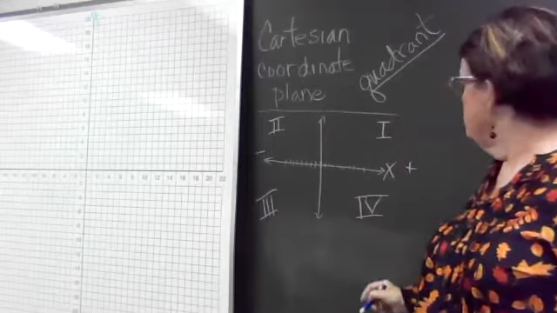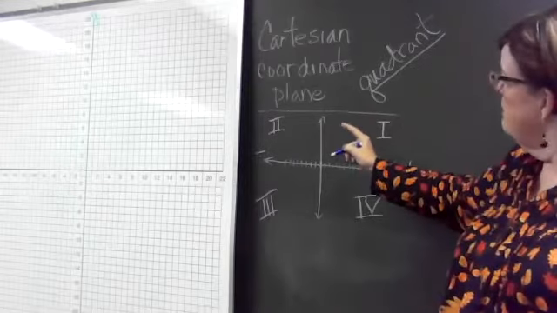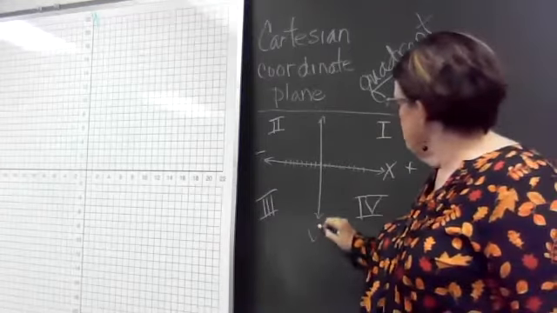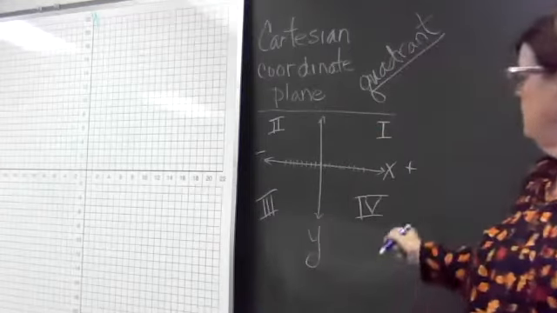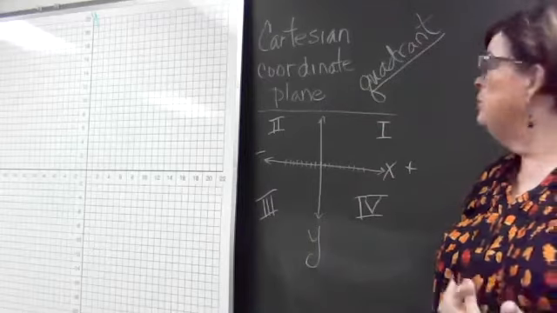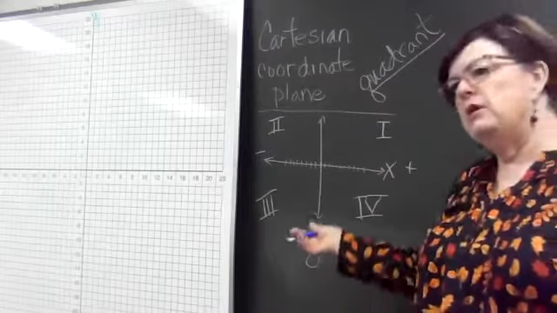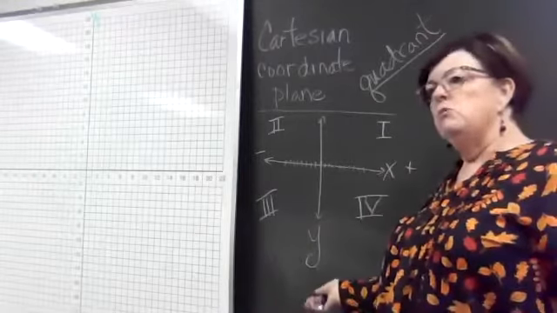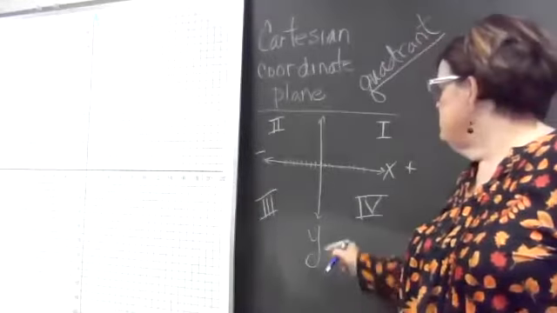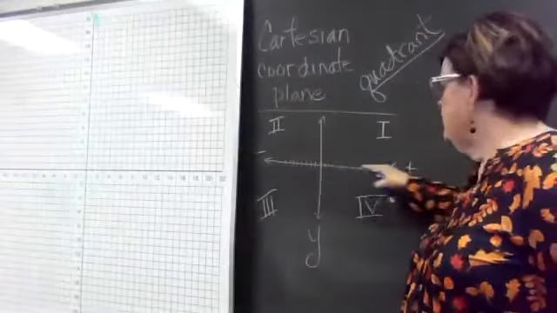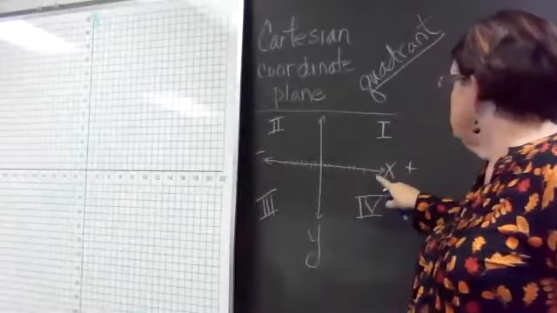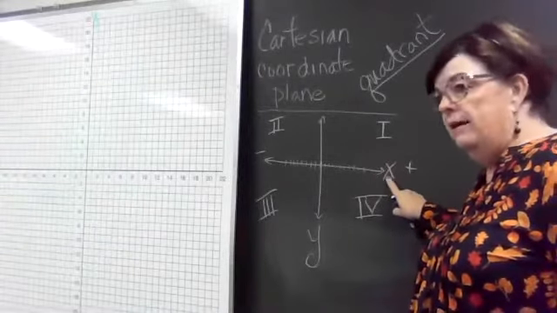Okay, now in this coordinate plane, now that we have 2 number lines, we're going to name the other one y. Now, sometimes when we've been working with variables, we've been able to interchange and say, oh, it could be x and y, it could be a and b, it could be h and k, but in this case, the horizontal axis, we call it an axis, the horizontal axis will always be x.